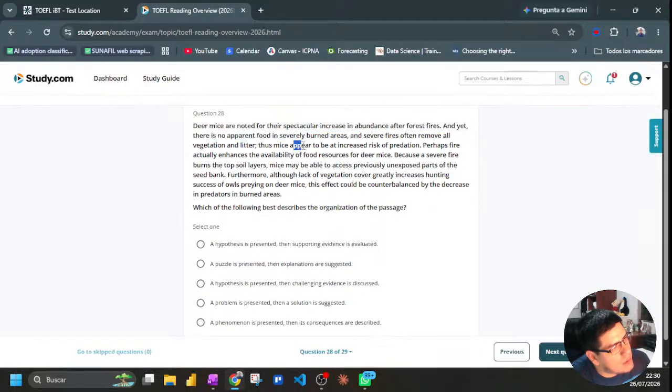Those mice appear to be at increased risk of predation. Perhaps fire actually enhances food resources near mice because once the top soil layers burn, mice may be able to access previously buried stockpiles.